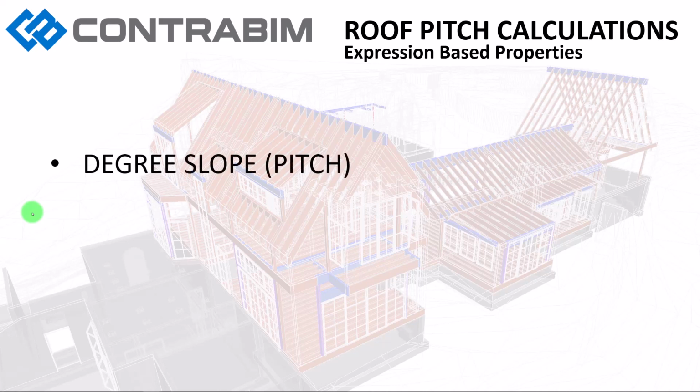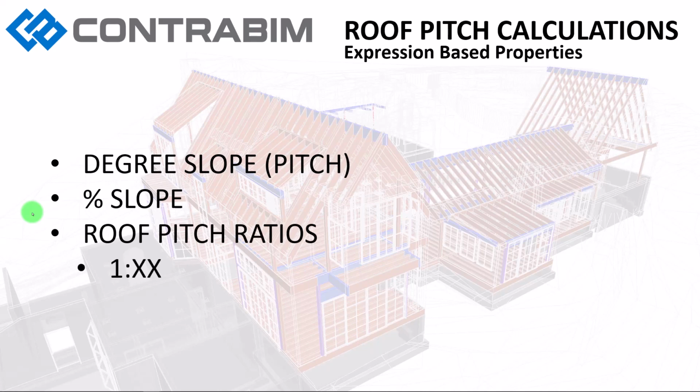If you haven't already seen our previous video, we actually did one where we took degree slope and converted it to percent slope. We were applying it to a mesh in that case for more of a civil sloping type calculation. This exercise here is really going to focus all about roof pitches, which we will look a lot at ratios.